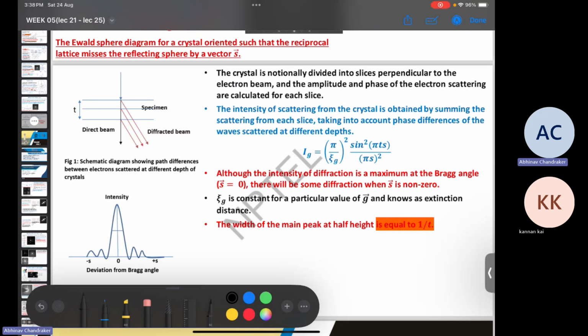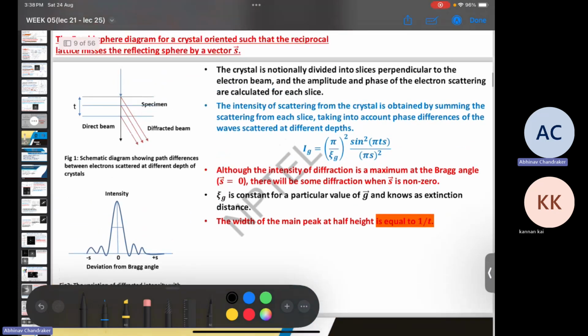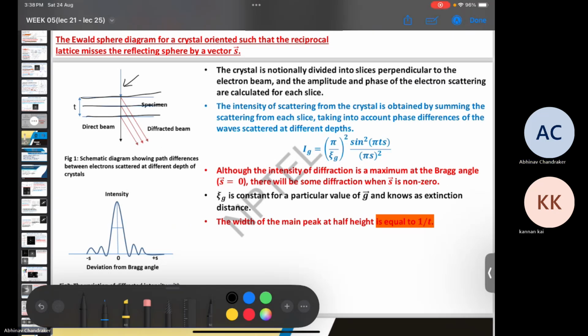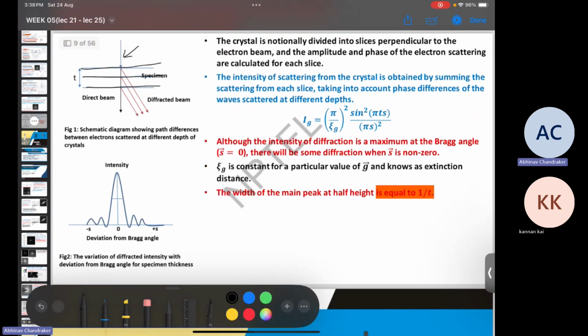So if you have an incoming electron beam and it is getting diffracted from different planes of the specimen, then if you add all the contributions from each of these scatterings, from all of these parallel planes, you will get an intensity which will be something like this.